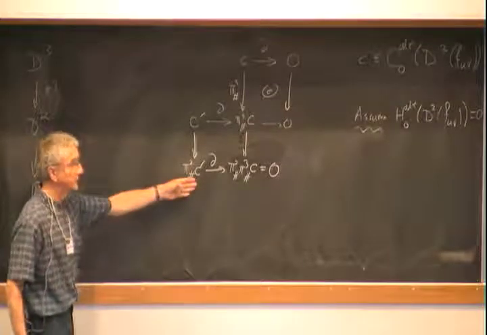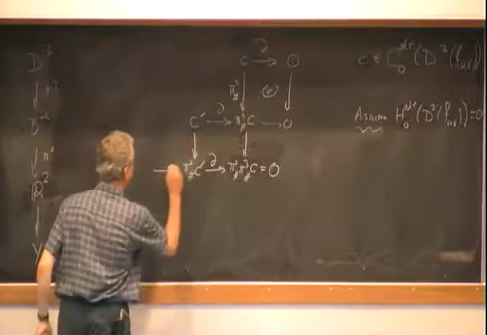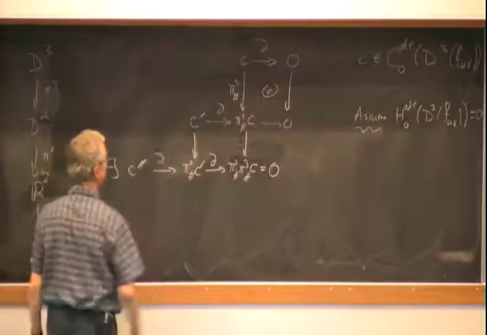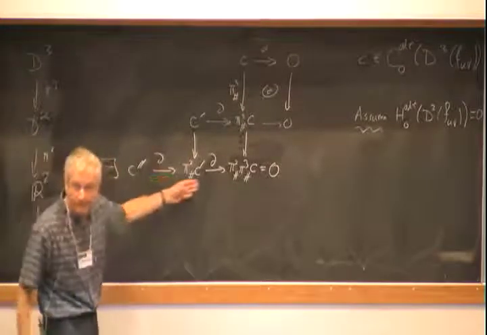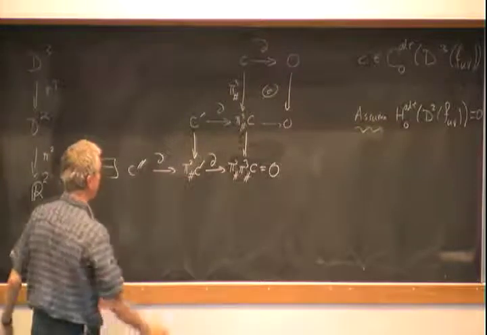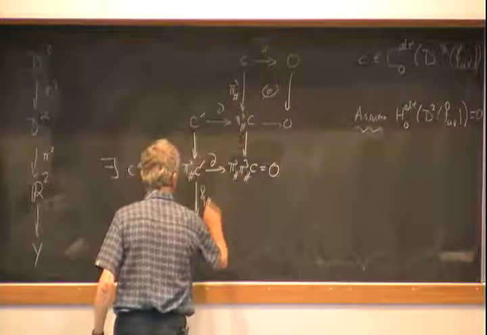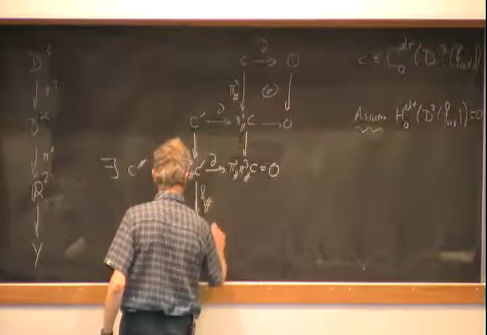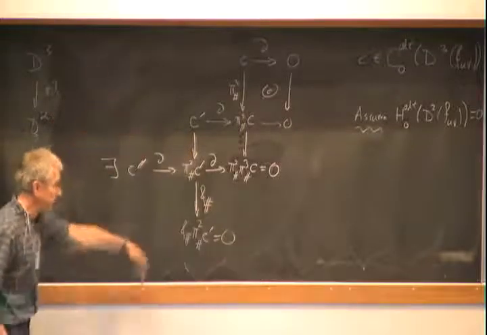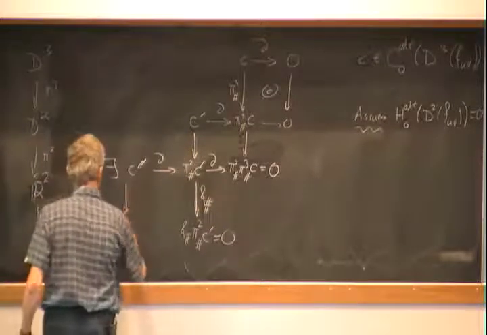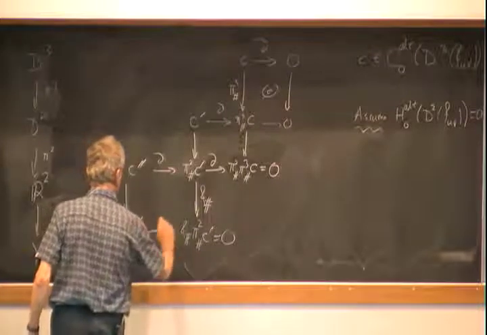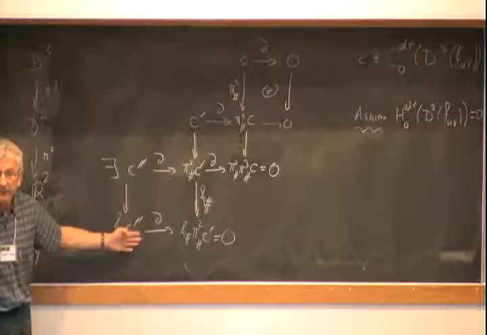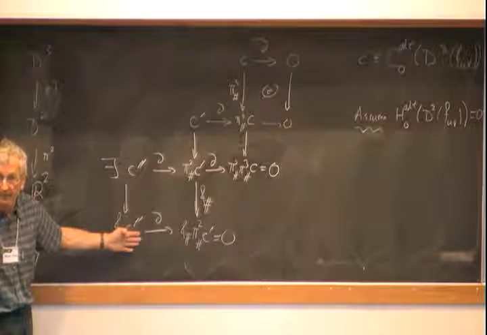The first homology of R2 is 0, so there must exist a C double prime mapping by delta to pi 3 lower sharp of C prime. And now, if we apply F lower sharp, we get F lower sharp pi 2 lower sharp C prime, and that's 0, because going down twice gives you 0. So if I apply F lower sharp to C double prime, and then apply delta, I get 0. So F lower sharp of C double prime is also a homology class in the image.